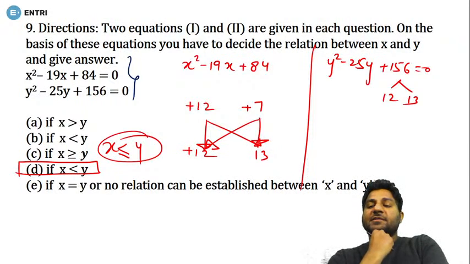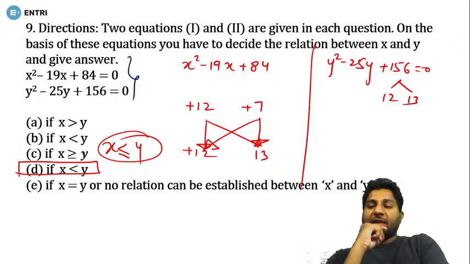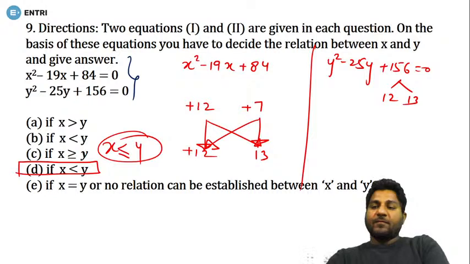Yes, D. Sarla, check. Yes, D option is correct. It's not E. I forgot, D option is correct. Rani, very good. So I think most of you have got it.